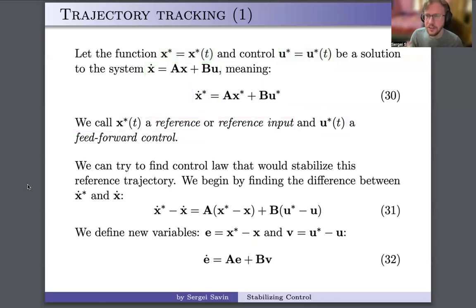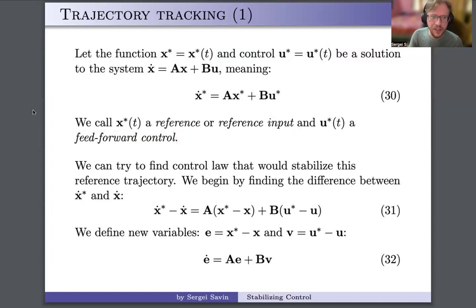Reference as in what you try to follow, and feed-forward control as opposed to feedback control, which is minus Kx, right? For now you can just remember it's called feed-forward. Later, maybe we'll discuss a little bit more why feed-forward, feedback, why those terms. Okay.